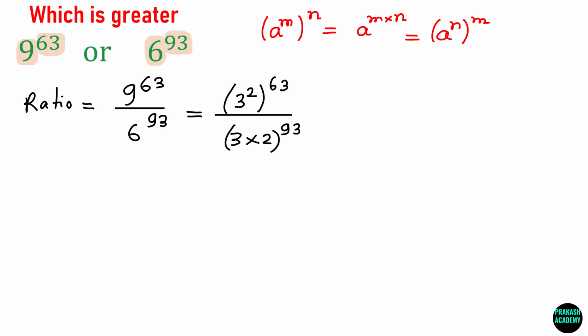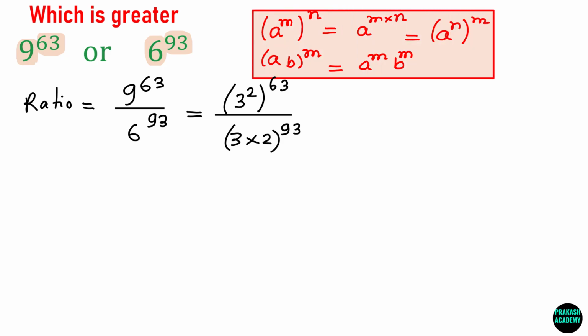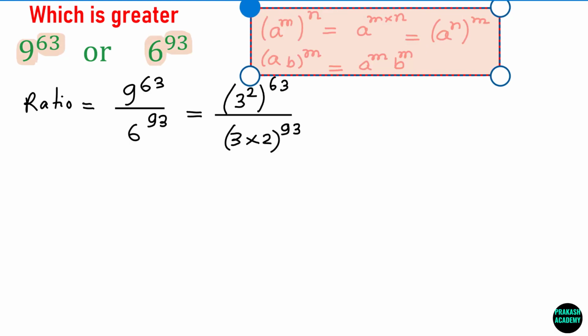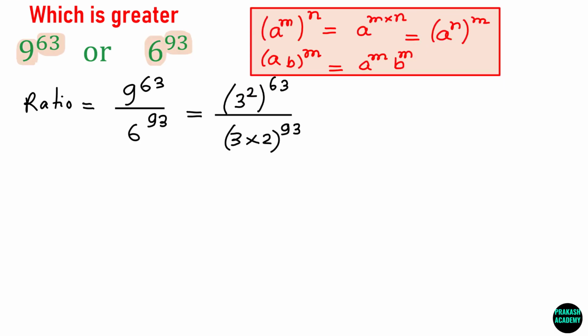And the second rule is, if we have ab raised to the power m, then this can be written as a raised to the power m times b raised to the power m. So let us apply these two rules in the given condition.